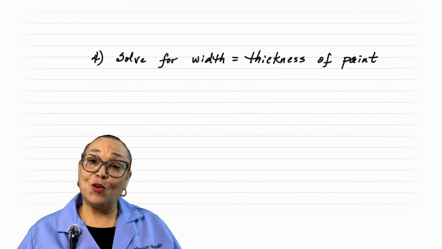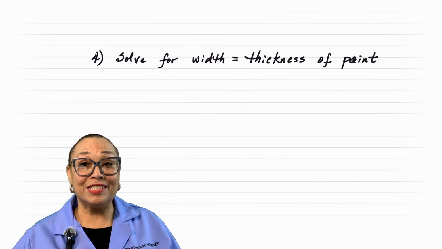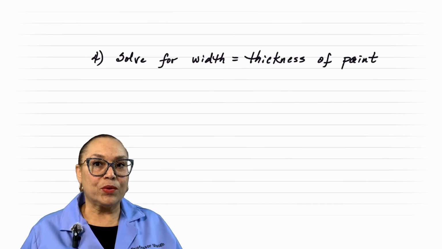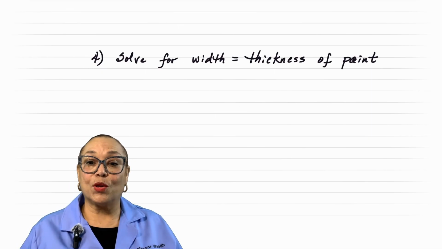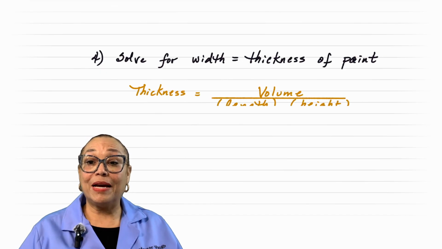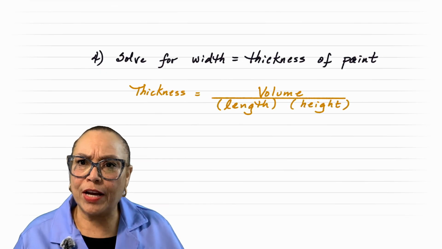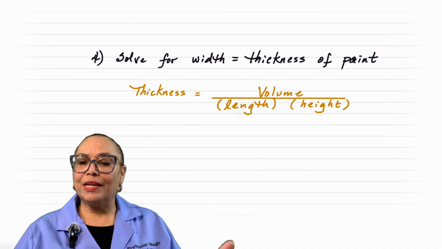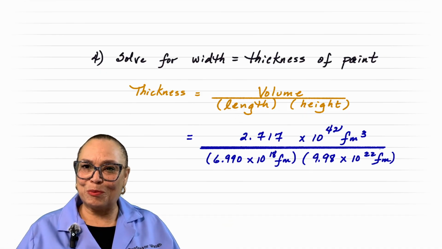So now let's solve for the width, which is the thickness of the paint. We know how to rearrange our equation. Thickness is going to be the volume divided by the length, further divided by the height. And so we plug in our values, and look at this silly little problem.